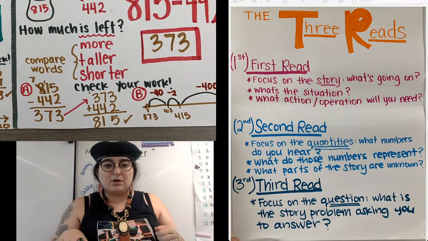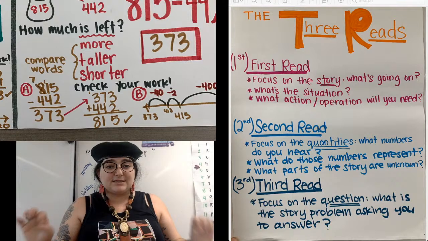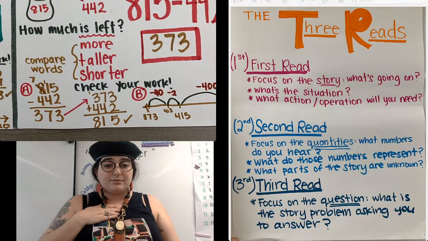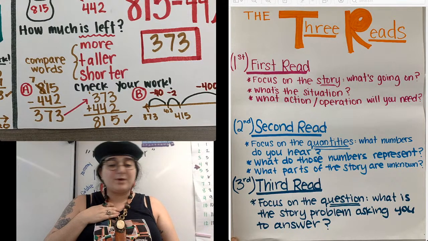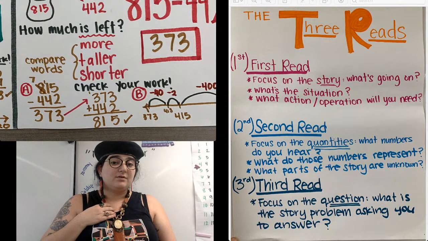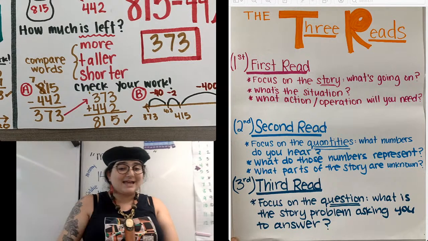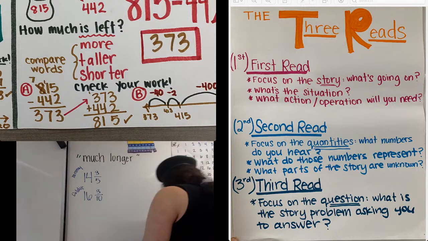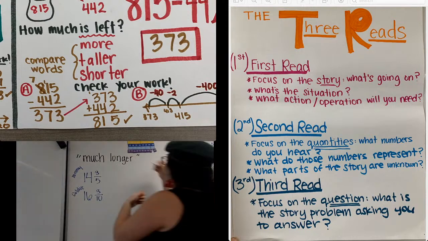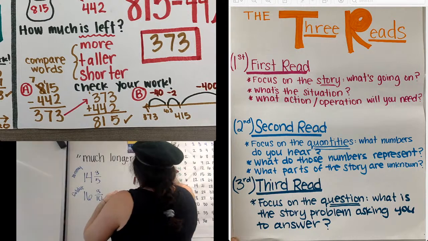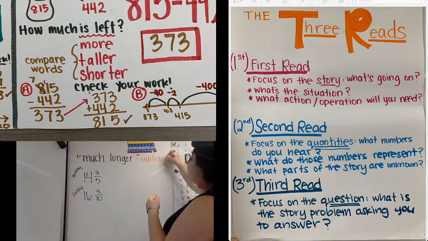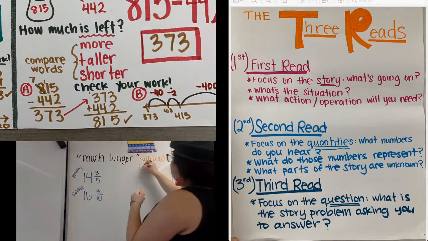So after going through this in detail, this is where I'm recognizing we are not doing addition. The action and operation we're going to need is, in fact, subtraction. So I'm going to go ahead and write subtraction because it's asking us to find the difference between the two.